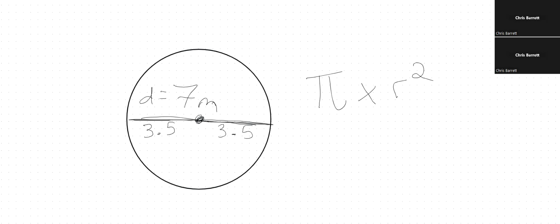I only need to use one of them over here for my radius squared because the squaring is going to do the other bit for me. So I'm now going to write in pi multiplied by 3.5 squared. Because you've got a decimal, this is more likely to be coming up on a calculator paper.